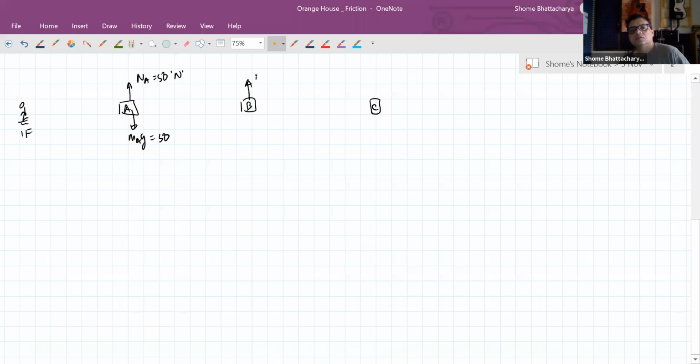This one has a normal reaction of 100 newtons because its weight is 100 newtons. This one has a weight like this. Okay, now suppose this string has a tension T1.